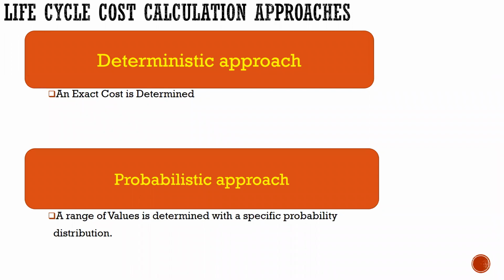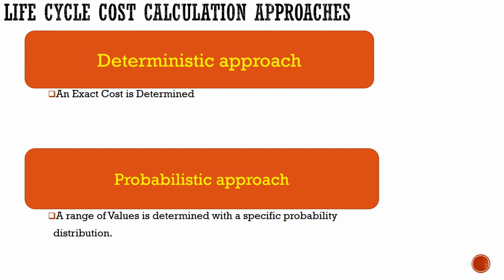So, life cycle cost calculation approaches. There are some important calculations for the life cycle cost. These calculations must consider two approaches. One is the deterministic approach, and the second is the probabilistic approach. The deterministic approach uses the exact cost for the product.